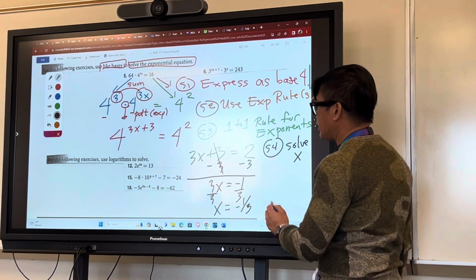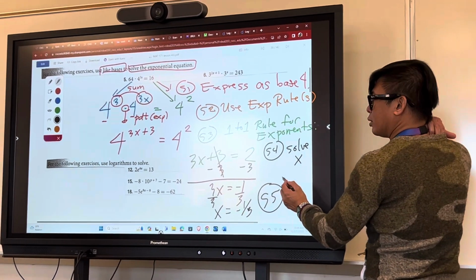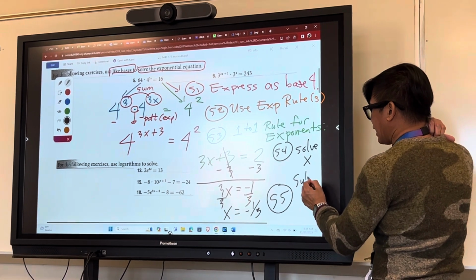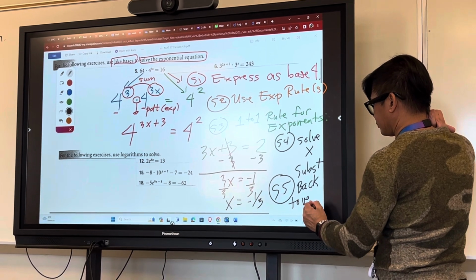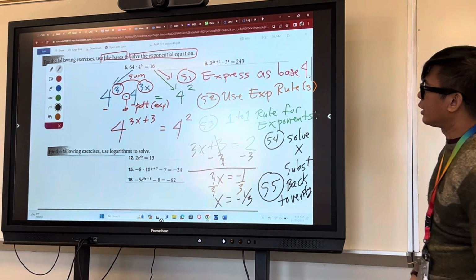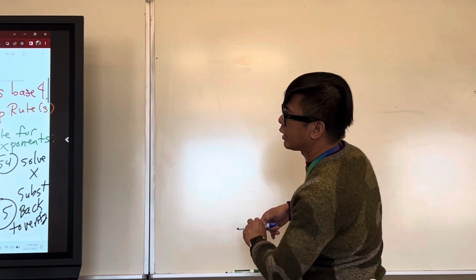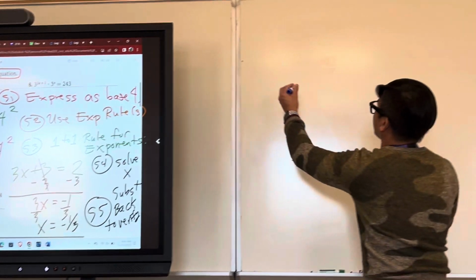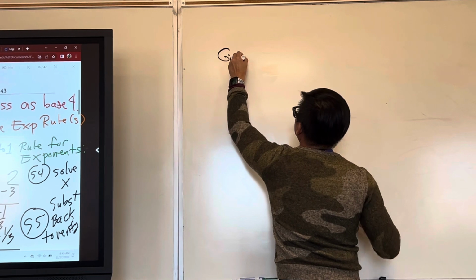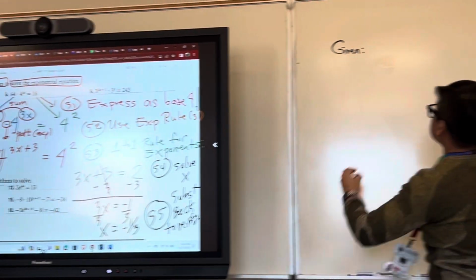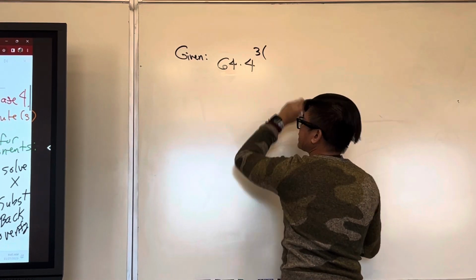The last step here is definitely step number 5. Back substitute to verify, okay? So how do you back substitute? You put it in here. Is it true that from the given, 64 times 4 to the power 3 times, what's this again?